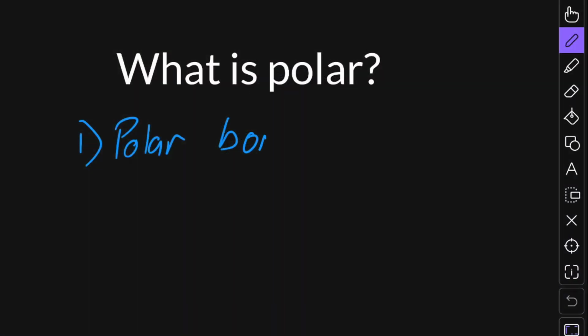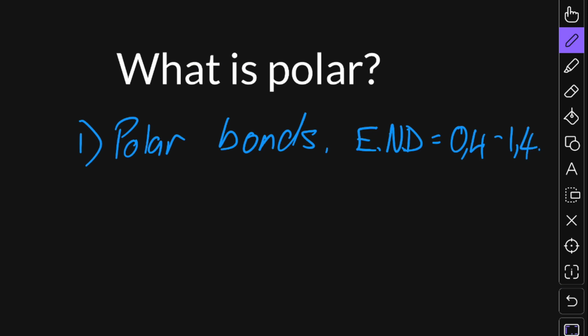Now, polar bonds are when you've got this change in electronegativity, which some people call an END, electronegativity difference, equal to, let's say, a range of 0.4 up to 1.4. It depends on your textbook and how you've been taught because these ranges do vary.